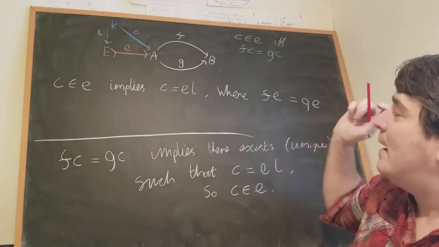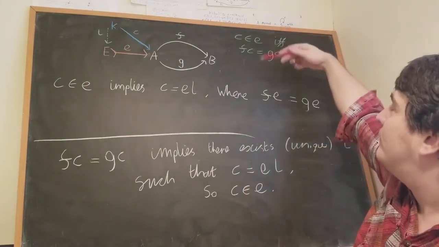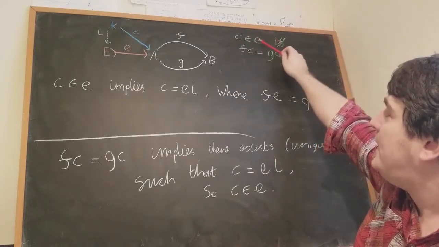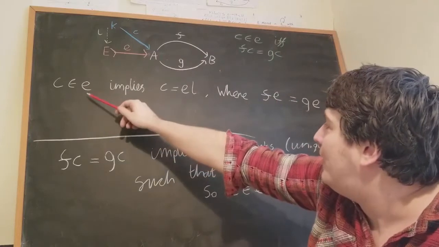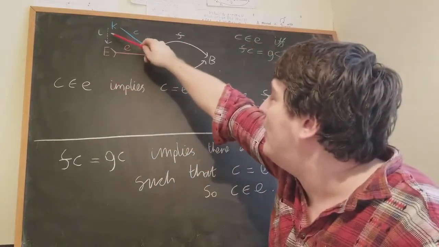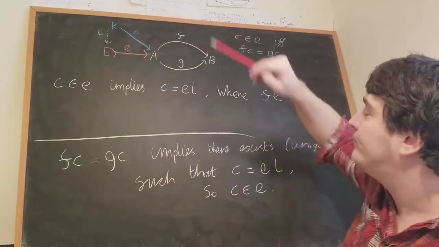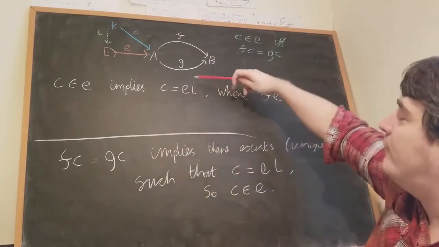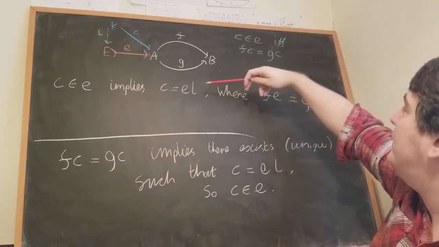Okay, so how do we prove this? Well, let's go. We assume that c is in e. Okay, so what's that mean? That means that there exists this arrow l such that c is equal to e after l. Okay, fine. But how are we going to finish the proof?